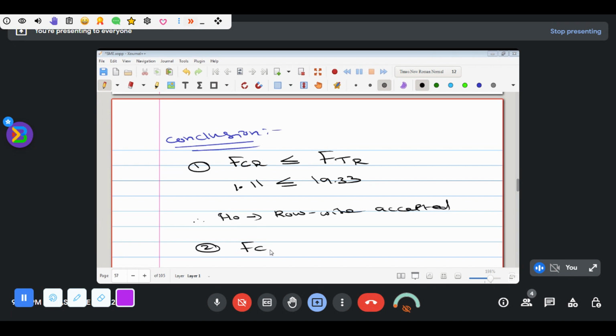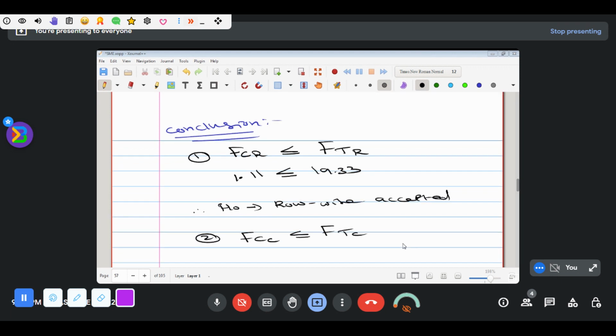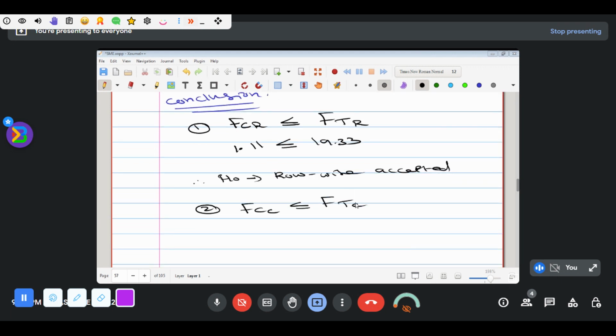Similarly, write the column wise second conclusion. F calculation column is less than or equal to F table column. Its value is 10.09, less than or equal to 8.93? Is it possible? No, it is not satisfied.